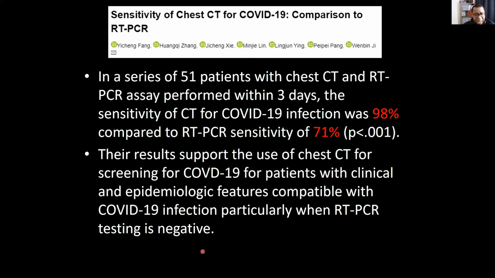So again, this study and a few others really drove this pattern that we actually started to see in the US, where patients came in, they were suspected to have COVID, and some got a chest CT because the PCR tests were taking very long to come back, and clinical decisions were made on that. And even when the PCR tests were negative, people still got chest CTs, and if they were positive for typical findings or any findings that supported COVID, they were treated as such.